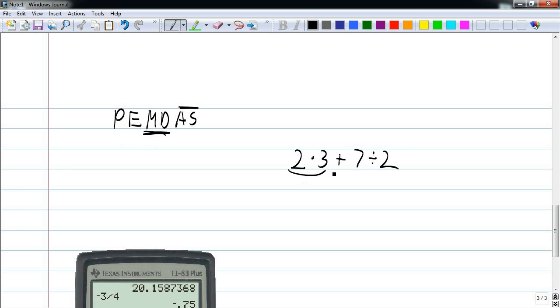So 2 times 3 is 6. 7 divided by 2 is 3.5. I multiply and divide left to right, and then I add and subtract left to right. So 6 plus 3.5 is 9.5.